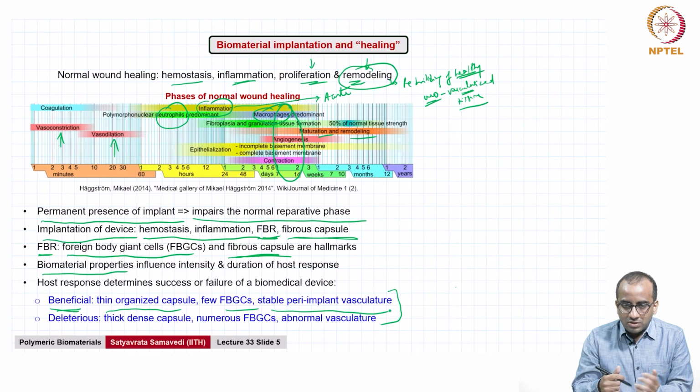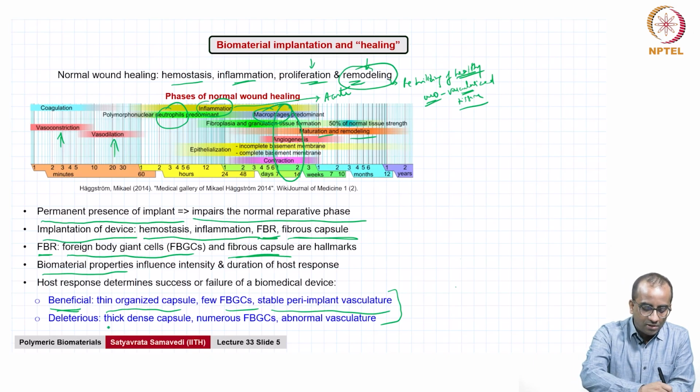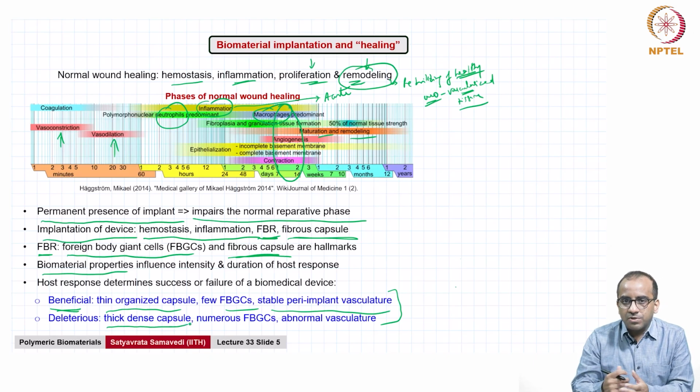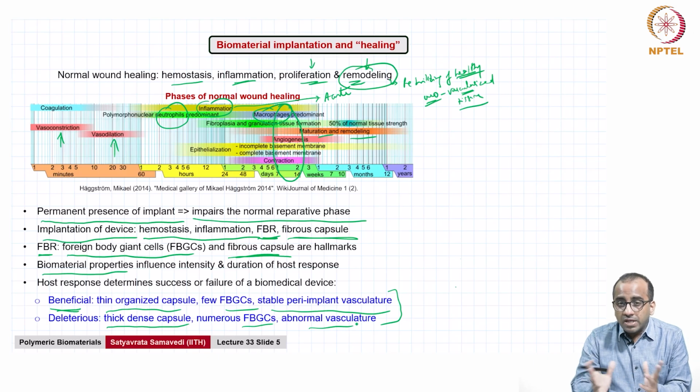Now, what is not considered good includes a thick and dense fibrous capsule, many foreign body giant cells surrounding the implant, and abnormal vasculature. So these two represent sort of the extremes.